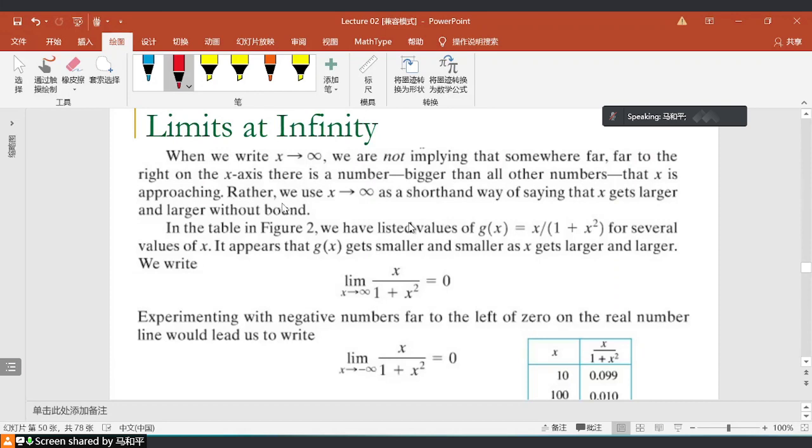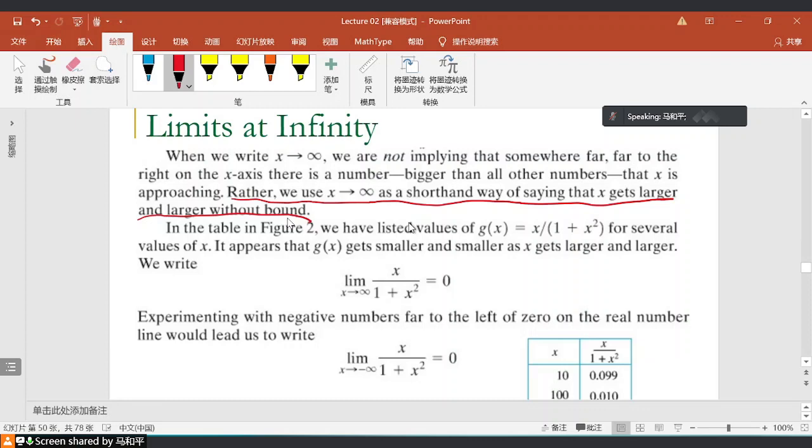Rather, we use x approaches infinity as a shorthand way of saying that x gets larger and larger without bound. This means x gets larger and larger without bound.